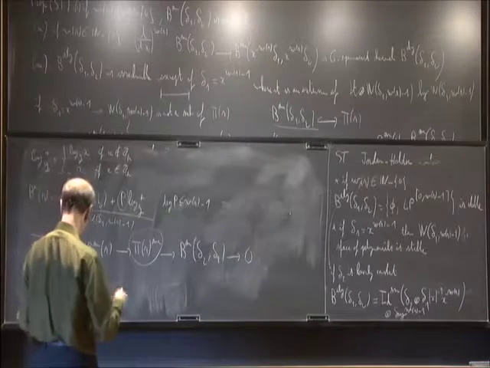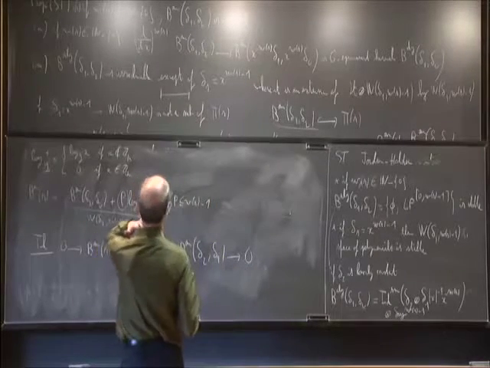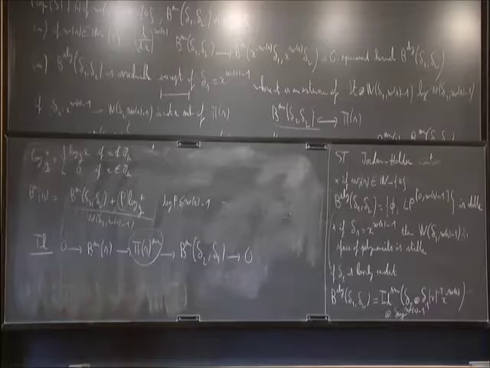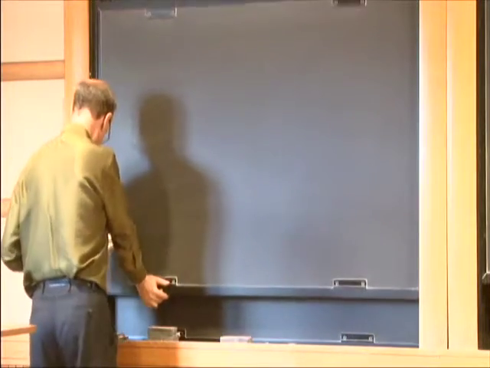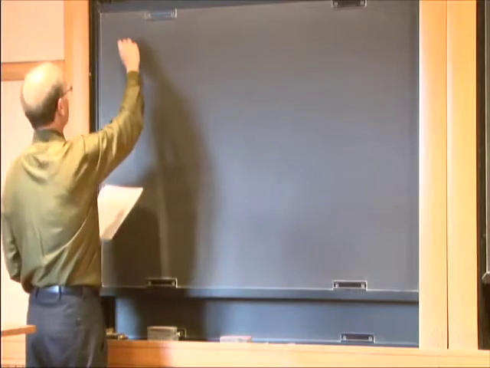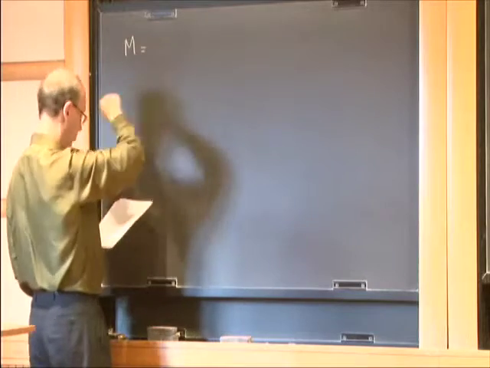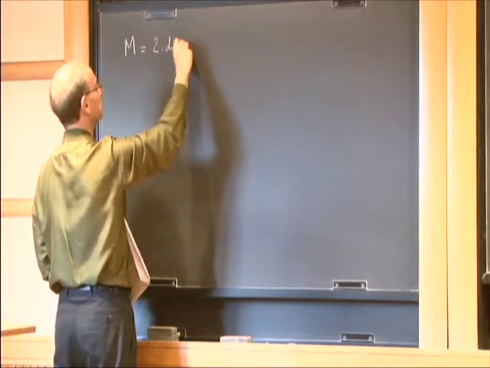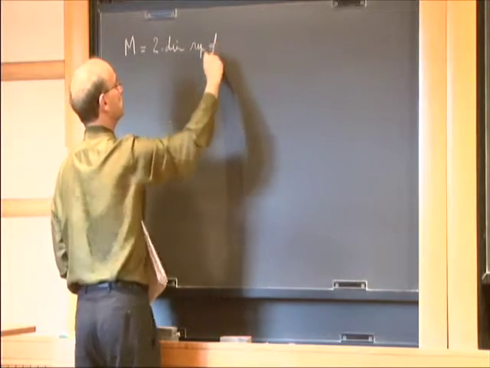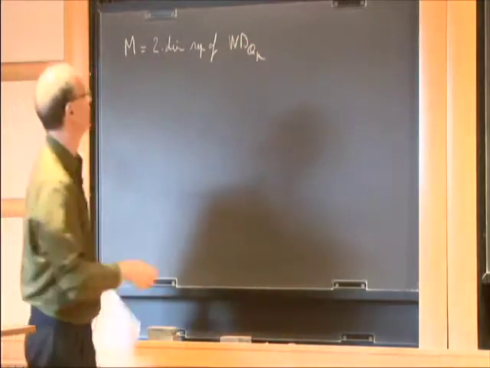So let me remind you some things about the classical local Langlands correspondence. So I have to normalize it. We start from M, which is going to be a two-dimensional representation of W of Q_p, the Weil-Deligne group of Q_p.